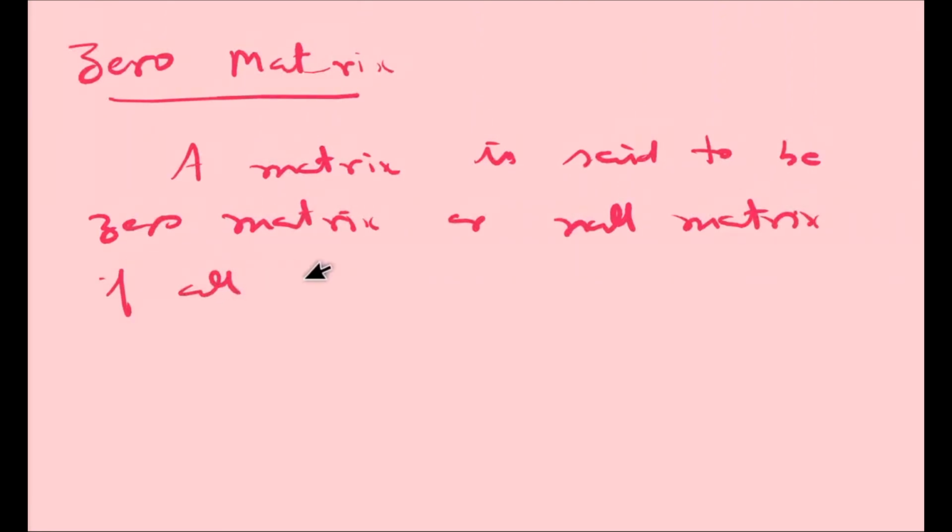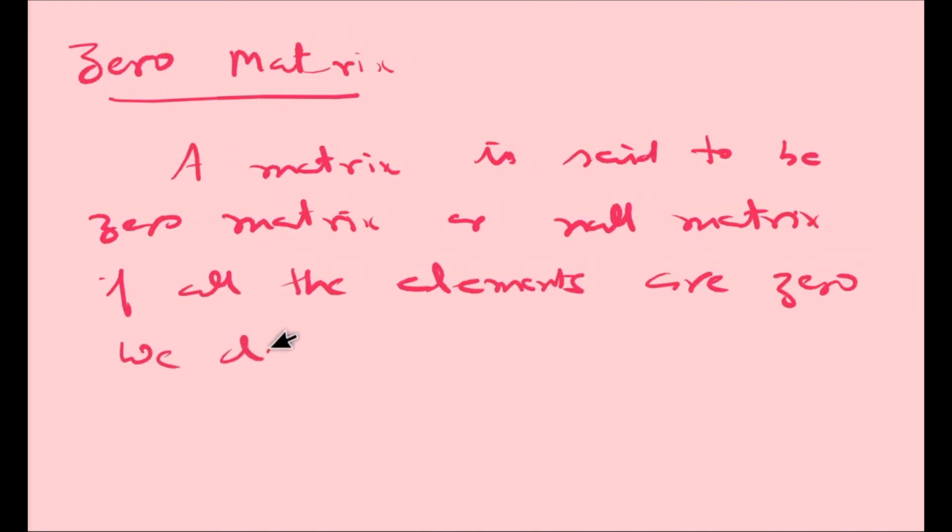If all the elements are 0, we denote the zero matrix by O or 0, but write it in capital letter, so that it will be clear.